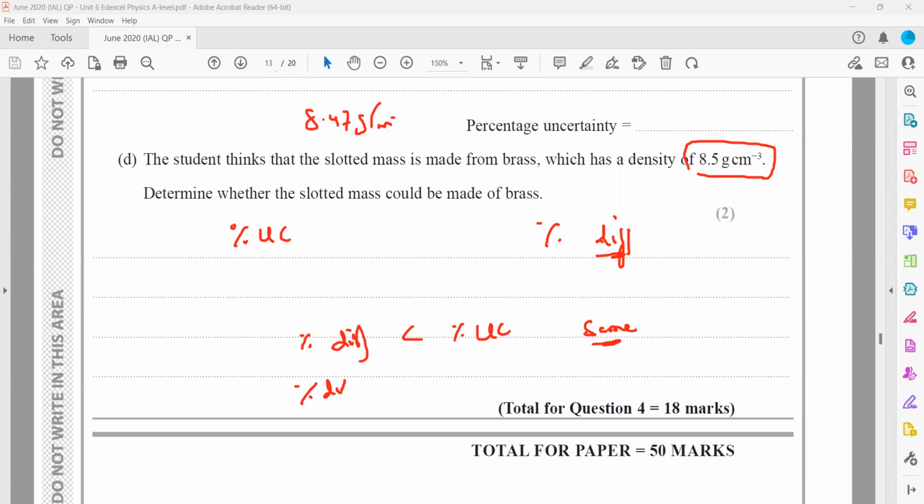But if the percentage difference is more than the percentage uncertainty, in that case, they are not the same. So whenever you're comparing two objects to see whether they are made from the same material, or whether two values are the same, you always compare the percentage difference and percentage uncertainty.